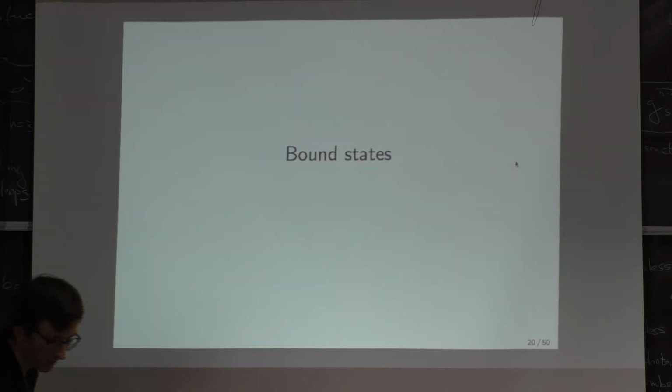So now that we've understood how these multi-centered black holes contribute to the index, what we can do is analyze the space of these solutions, which is something that we're interested in from the perspective of the gravitational path integral.